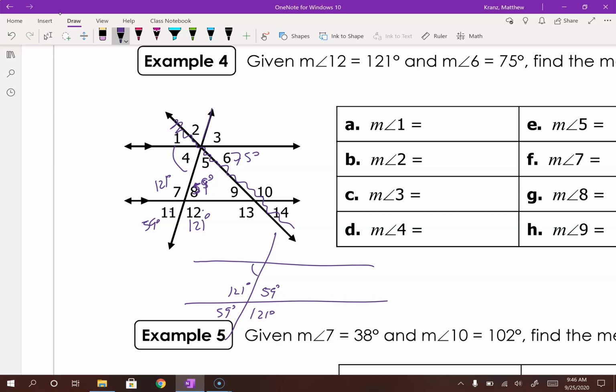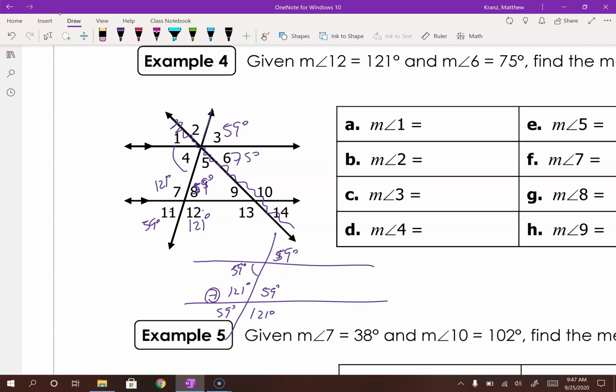All right? So now, this right here, angle 4, that's this one. Angle 4 and angle 7, they equal 180, or it's also 59 because it's corresponding to angle 11. Now, if you notice, angle 3, which is right here, those are vertical angles, so this will be 59 degrees. Now, this angle here, that's going to be 121 because that's corresponding.